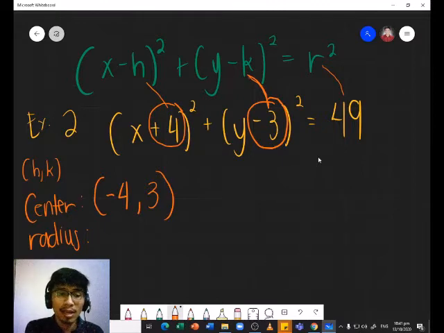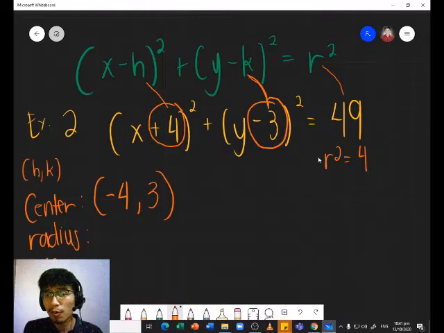Now let's find the radius. Again, radius is in the form of r. In my example number 2, what is my r squared? You have to write it down. That is 49. So every time I ask you to get the radius, I am only referring to r alone. In the equation, that is r squared, meaning you have to extract it by putting a radical sign.